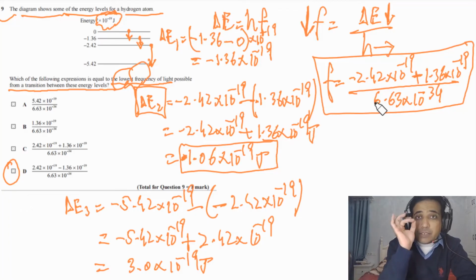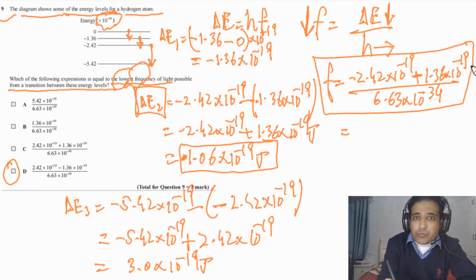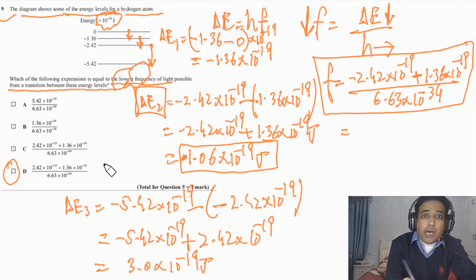We need to find the energy change difference. So the final answer you will get is negative, but frequency cannot be negative. It simply tells us the energy of the electron has decreased. But maybe you will be confused: why is the negative sign not there?